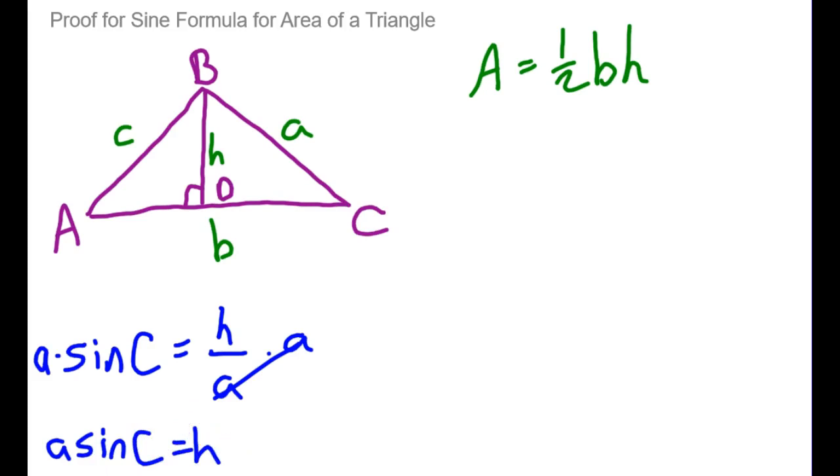Some of you may see what I'm going to do next. I can substitute this equal value, a sine C, in for h, because we've shown those two expressions are equal to each other.